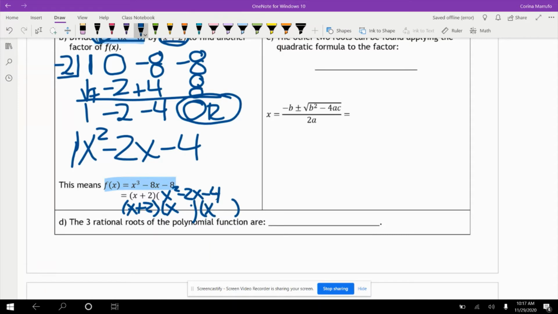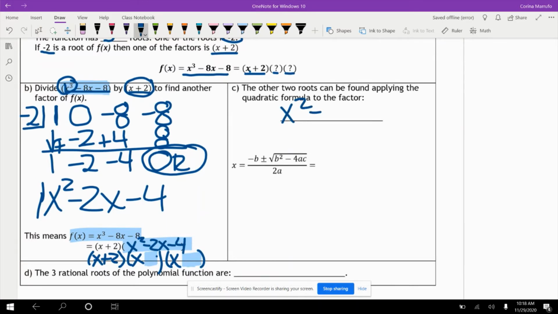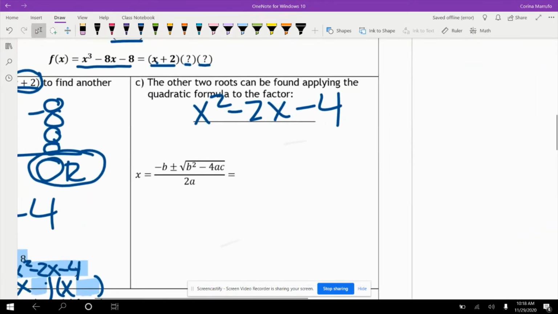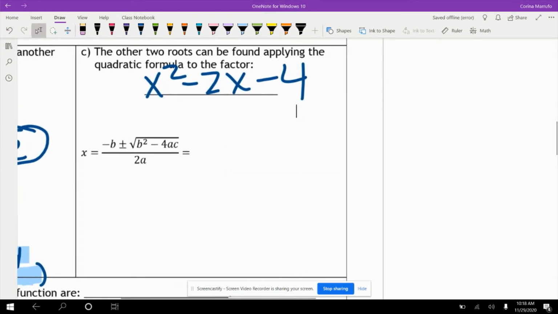Okay, so we don't know what these numbers are here, but we need to figure those out. And the way that we break this down is by using the quadratic formula, which is why we practiced that before we went on break. So x squared minus 2x minus 4. Now with these ones, you guys should be getting whole perfect numbers. If you didn't, you might have done something wrong.